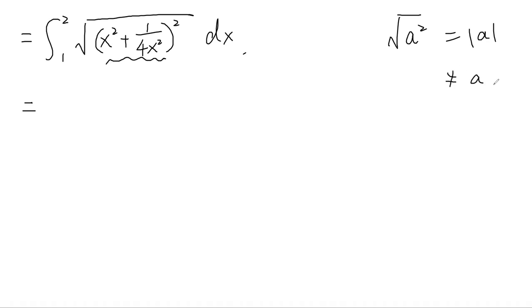It's not equal to a. It's equal to a when a is a positive number. If a is a negative number, then you should get the absolute value of a. In this case, it's similar. We should integrate the absolute value of x squared plus 1 over 4x squared, dx.